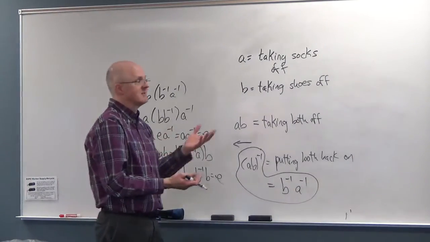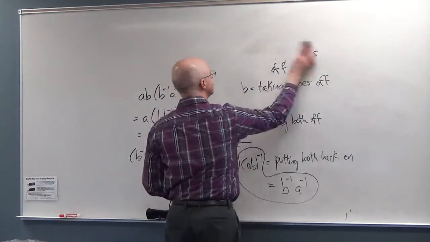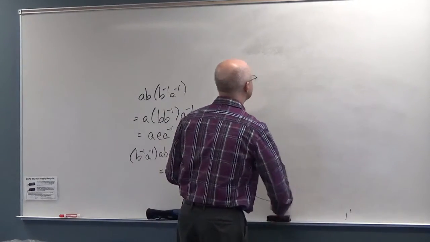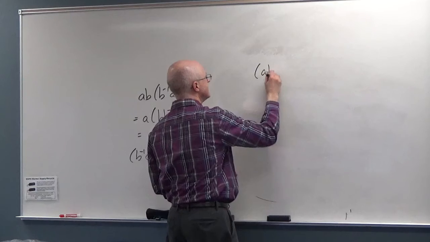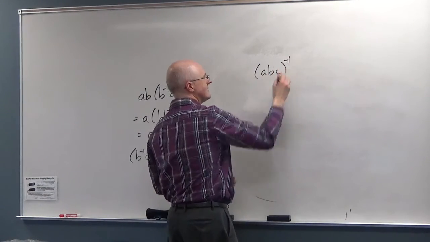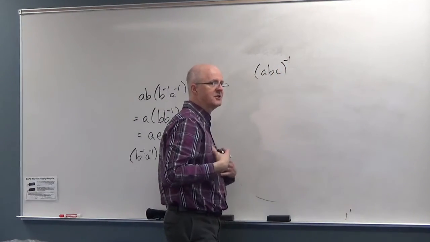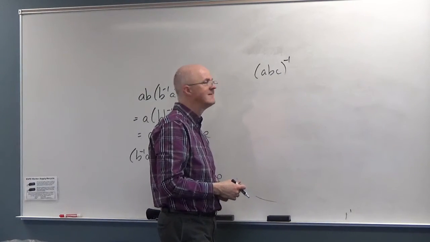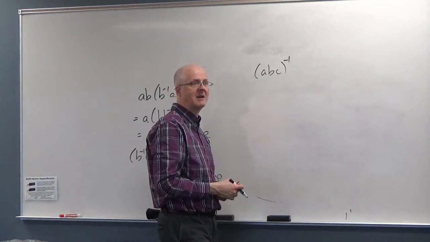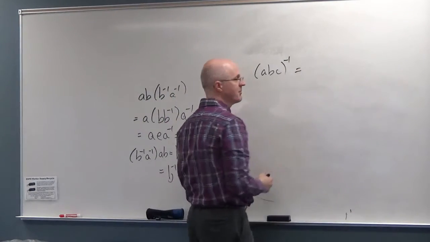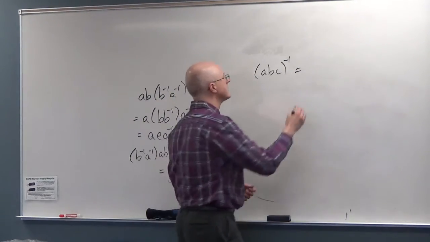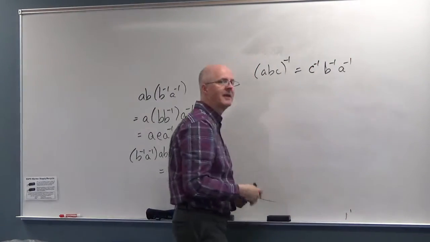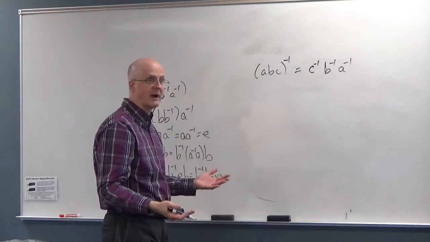There are extensions of this. If you've got three things, you'd probably call it the undershirt, shirt, coat property. The inverse of A times B times C is the product of their inverses in the reverse order: C inverse, B inverse, A inverse, etc. In general, we are talking about here.